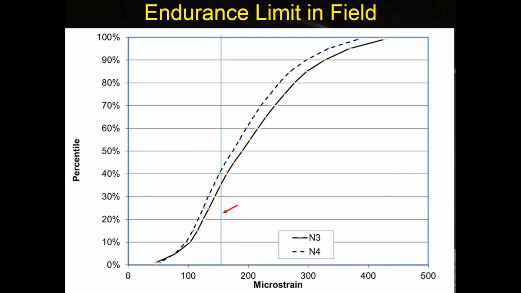But what was interesting about these curves is that somewhere in the neighborhood of 60 to 65% of the time, the measured strain level in the field exceeded the endurance limit, and yet we didn't see bottom-up cracking. That formed the basis of this idea of not designing for a single strain level, but designing for an entire strain distribution. And that's what I'm going to be driving toward here in terms of the software modifications.